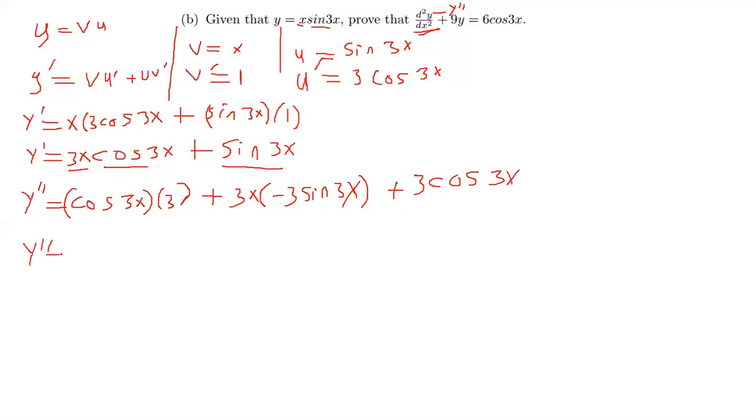When you simplify it, it is going to be 3 cos 3x, and then minus. When you multiply 3 times 3 there, you get 9x sine 3x, and then plus 3 cos 3x.